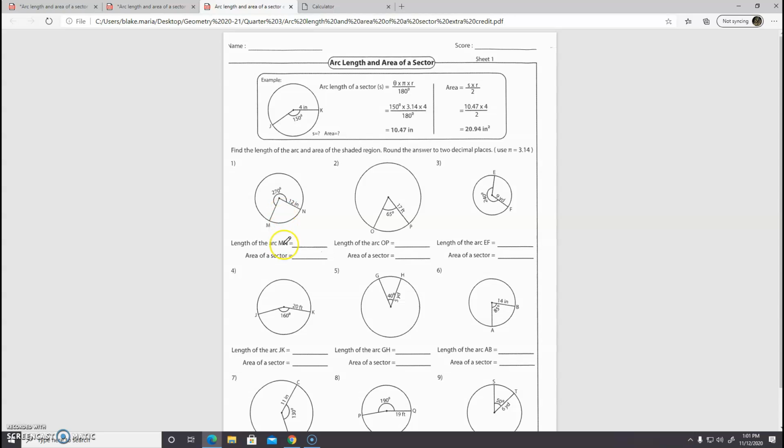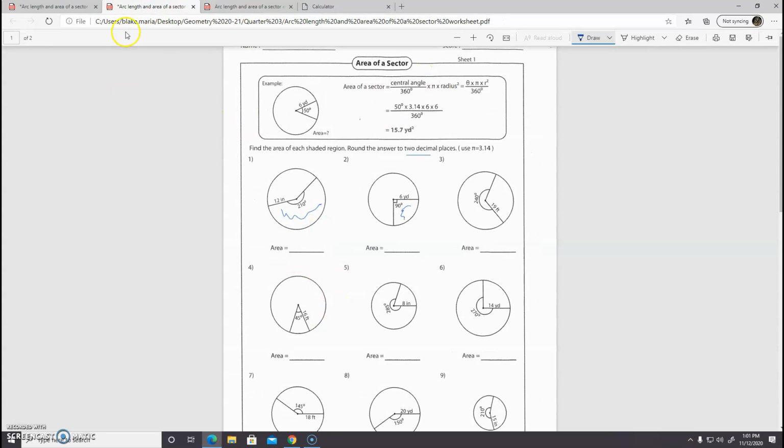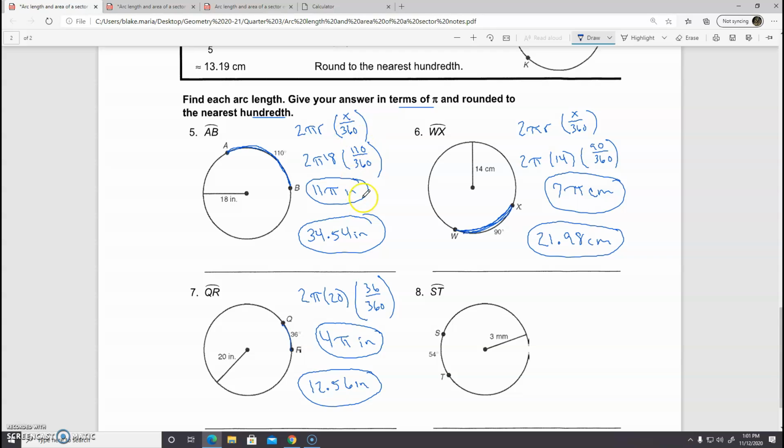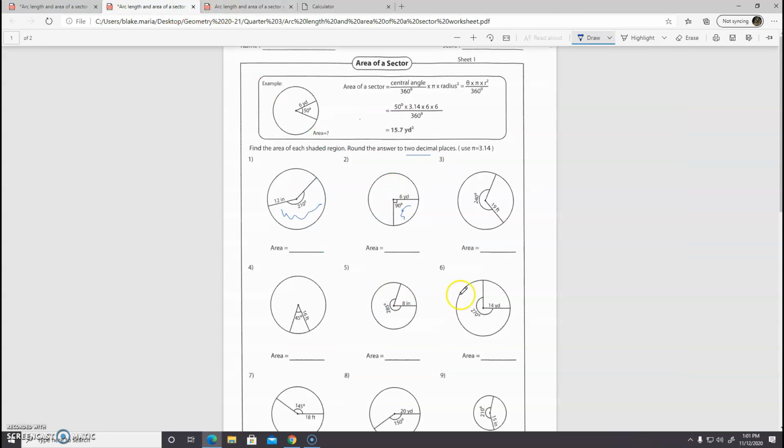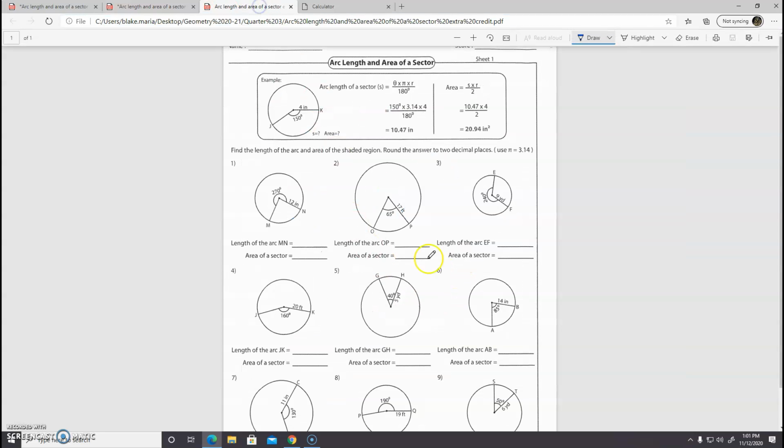So it gives you a picture and it wants you to find the arc length and the area of the sector. Make sure you show all work on everything. I expect all work, everything that we did on here. Okay, show me what you plugged in. I expect to see it on your paper. And that includes this and the extra credit. Okay, so you're going to have to show work on your extra credit. All right, bye guys.